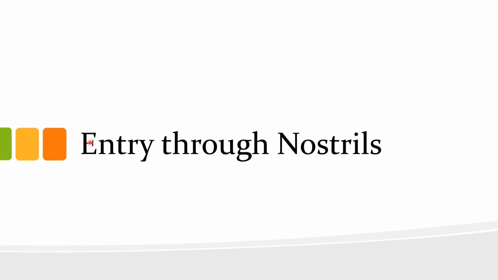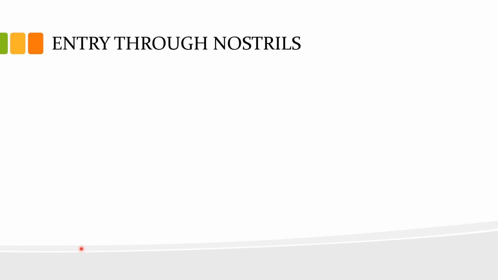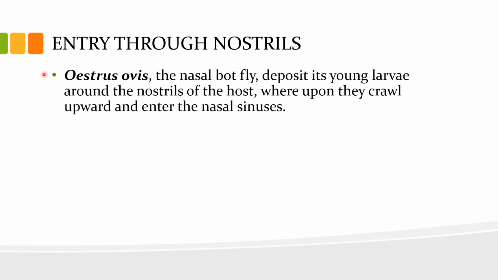Another mode of transmission is through entry through the nostrils. An example of a parasite that is transmitted through the nostrils is the nasal botfly Oestrus ovis. Oestrus ovis deposits its young larvae around the nostrils of the host, whereupon they crawl upward and enter the nasal sinuses.